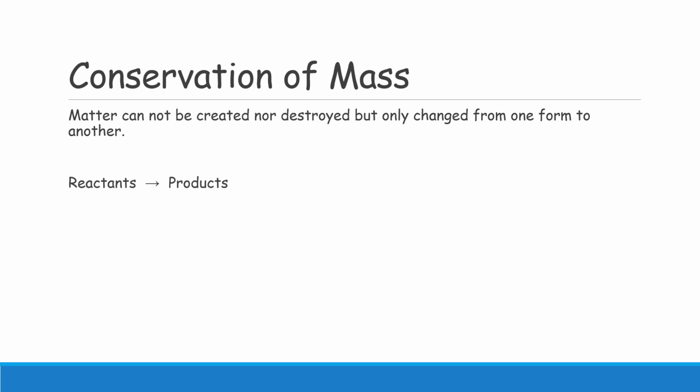The consequence of this is that if you started with 50 grams of reactants, then you will finish with 50 grams of products. If you start with 100 grams of reactants, you will finish with 100 grams of products. So matter cannot be created nor destroyed. What you start with, you've got to finish with, but it will be in a different form.